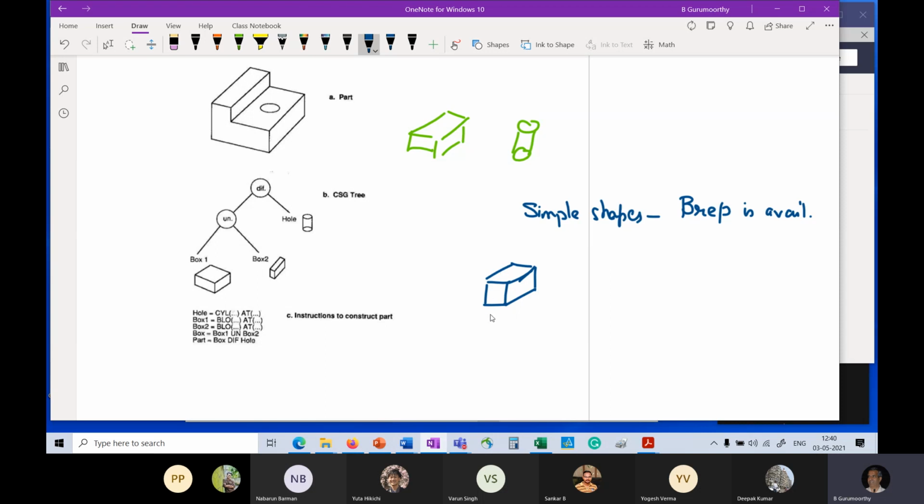If this is X and that is Y and the top is Z, they all are defined at the origin. Now my drawing is not true, but of unit cube. So though my primitive is a cuboid, I define it as a unit cube centered at the origin. What does it do for me?